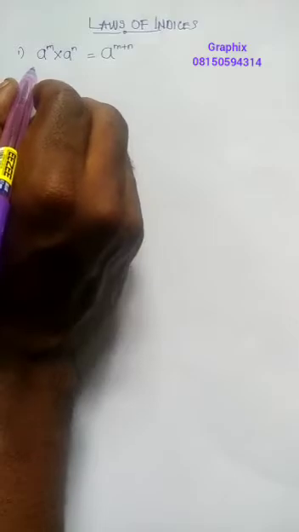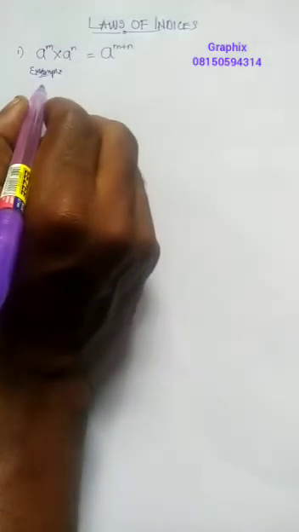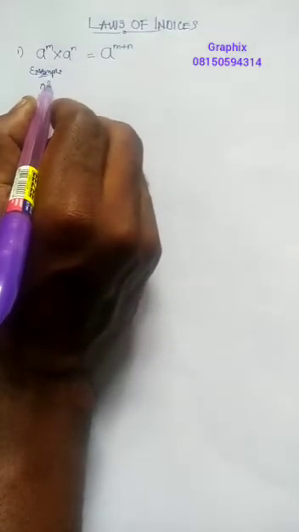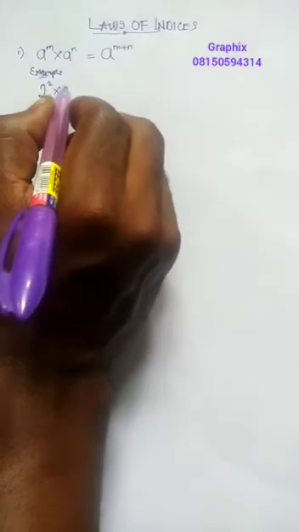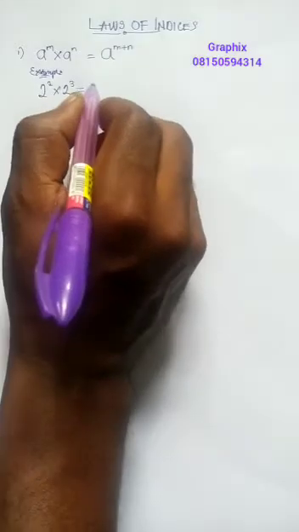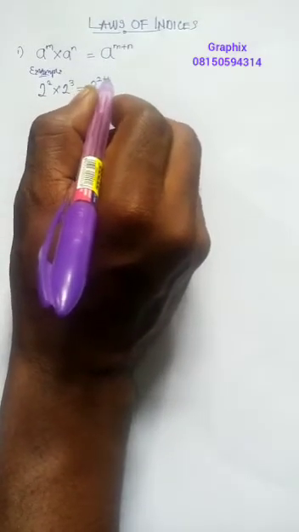So an example of this is if I have 2 raised to the power of 2 multiplied by 2 raised to the power of 3, to give us 2 raised to the power 2 plus 3.